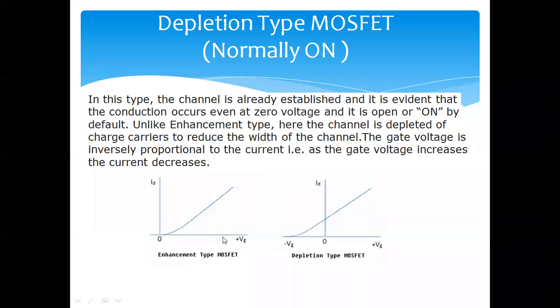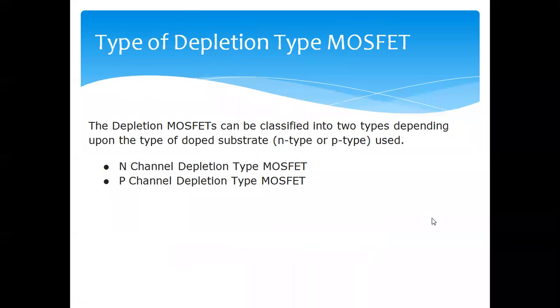On the x-axis it's voltage, on the y-axis it's current. In depletion type, where the voltage is zero on the x-axis, you get some value of ID. But in enhancement type, the current is zero and voltage is zero. So these are the VI characteristics of enhancement type and depletion type MOSFET.